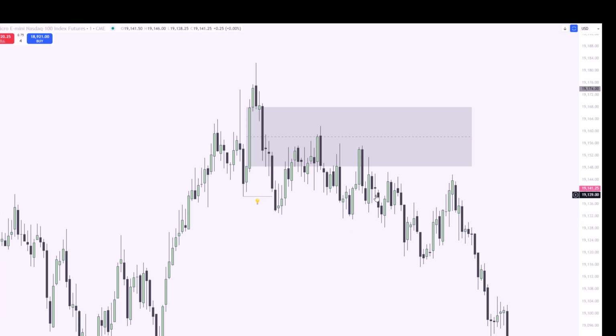So once price fails to deliver above consequent encroachment of this fair value gap, then we wait to see how it behaves. We wait to see another displacement down.